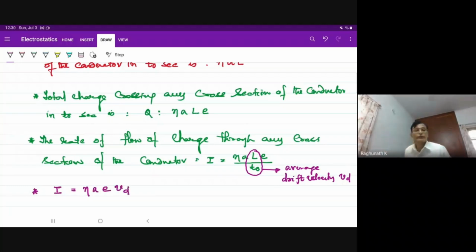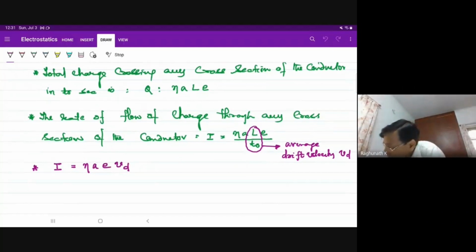Please check it. Area of cross section comes into picture. It's extremely important for us to know that this nAe, what is nAe for a conductor?